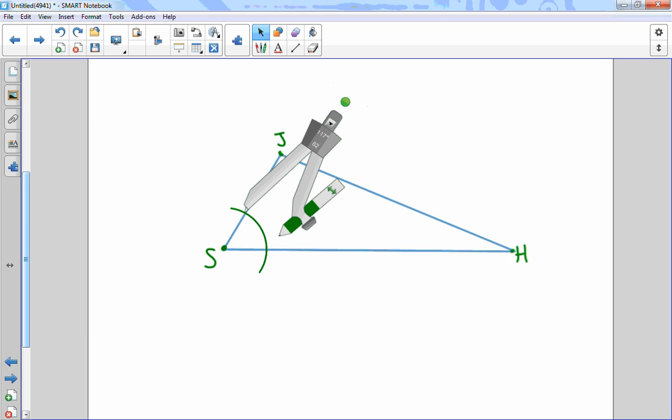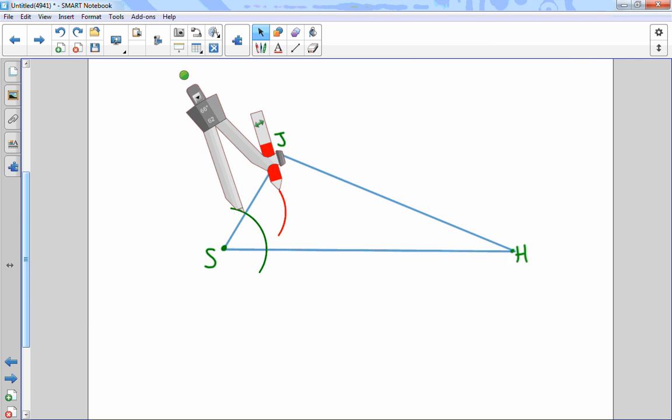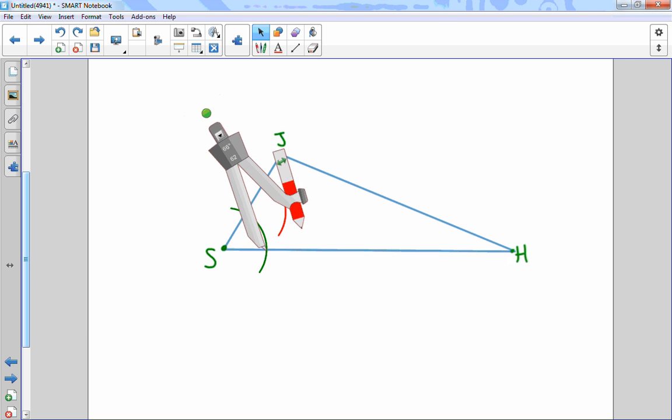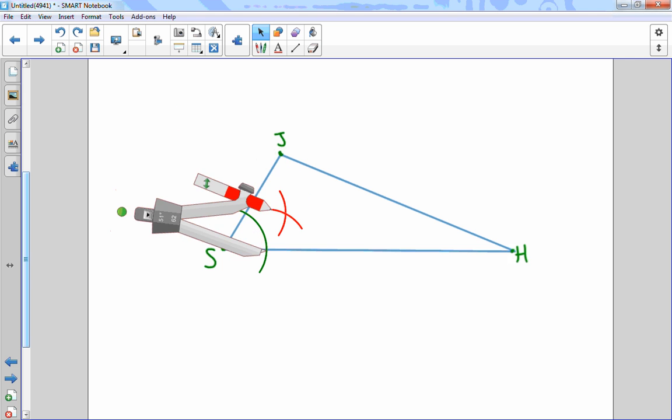I'm going to start on the top intersection. Put that sharp anchor point there and make another arc in the middle. And we pick up our compass one last time, put it on our last intersection, and make an intersecting arc.